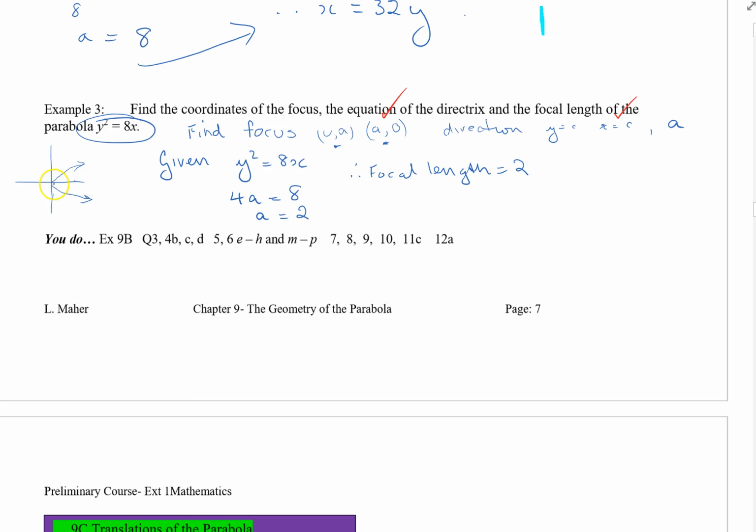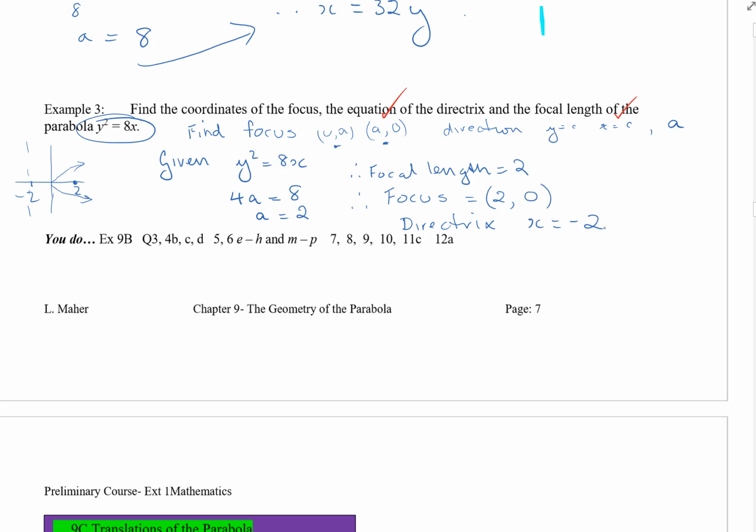If the focal length is 2, it means the distance between the vertex and the focus is 2 units. So also, therefore, the focus has to be 2 for x, 0 for y.